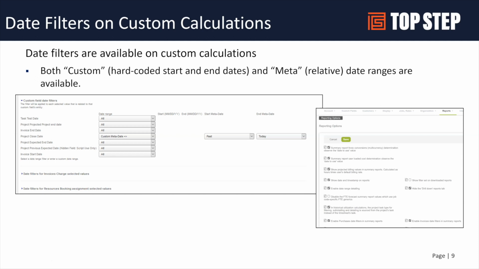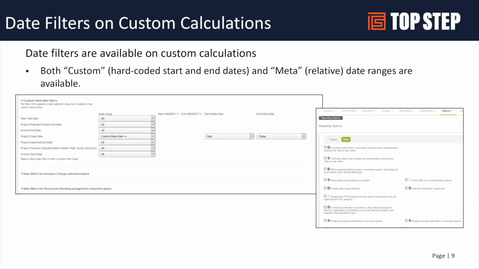Date filter allows you to hard code dates, or you can use metadates. If you don't see date filters on your reports or on your custom calcs, those need to be enabled. Generally, I think the instances we've been working with all have those enabled already, but if you don't see them, under reports where we found the calcs, there's also reporting options.